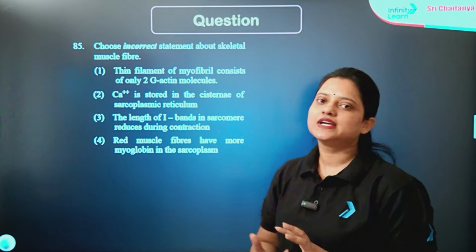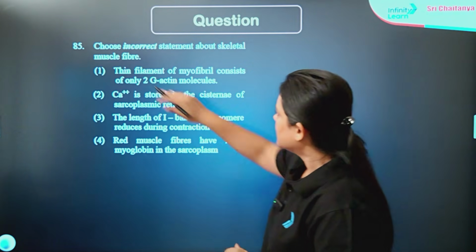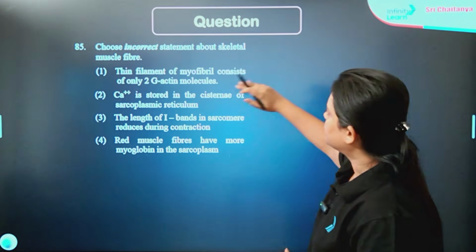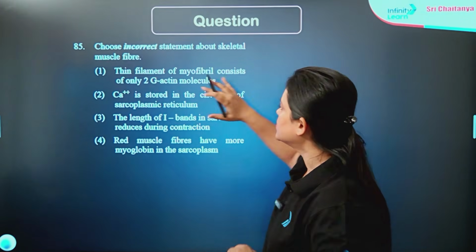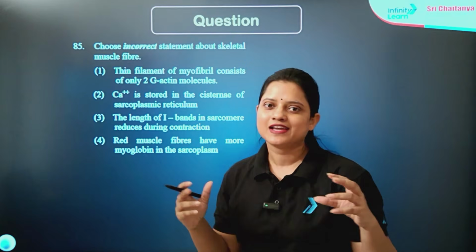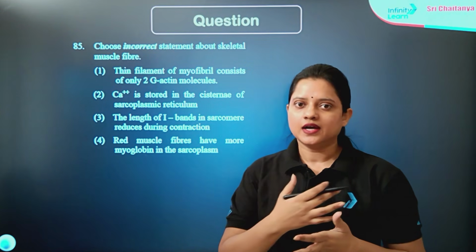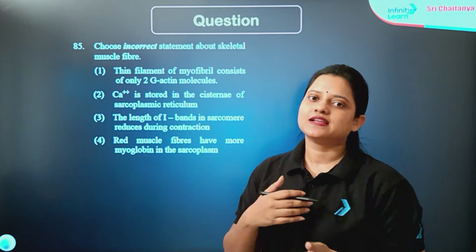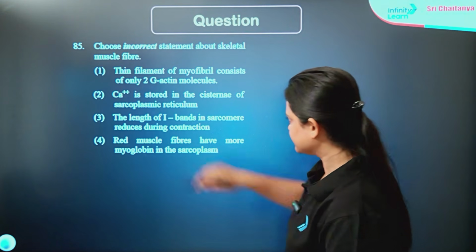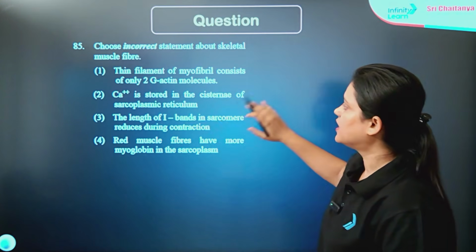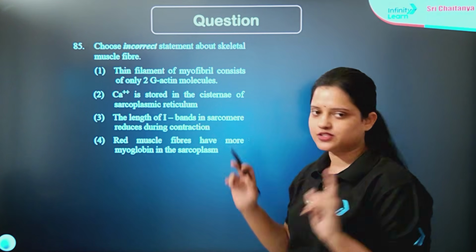Now choose the incorrect statement. Thin filament of myofibril consists of only 2 G-actin molecule, which is wrong because we know that the entire actin is made up of F-actin and troponin and tropomyosin. Now calcium is stored in the cisterna of sarcoplasmic reticulum. That's true.